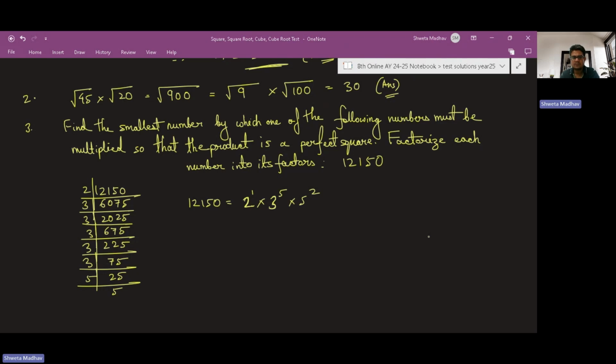So if we multiply 12150 with 6, then we will get 2 power 2 into 3 power 6 into 5 power 2. And the square root of 12150 into 6 will be equal to 2 into 3 power 3 into 5. So this will be 270.